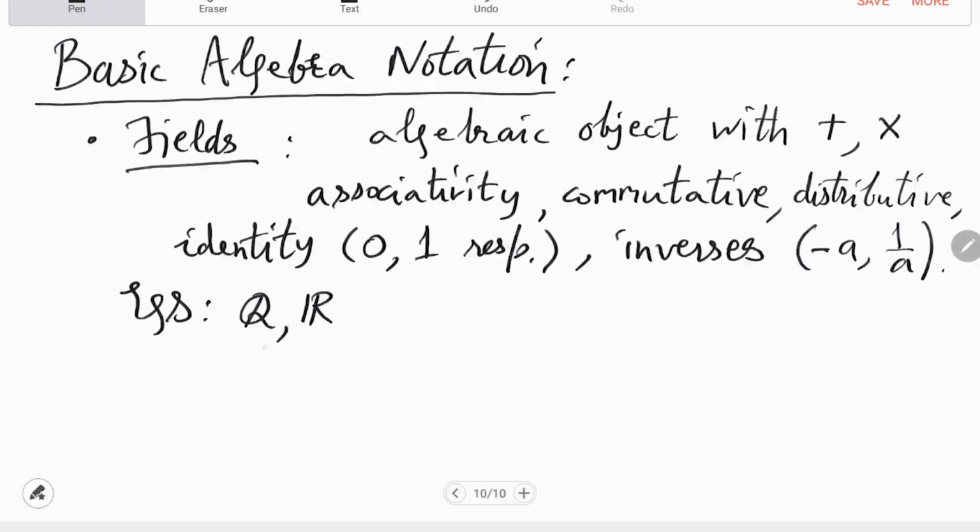Sometimes you can't divide. So the smallest field which contains integers is actually Q, and then Q is contained in R, then R is contained in complex. Are there fields above complex, or do you stop at complex? Yeah, no is a good answer. I wanted that answer.